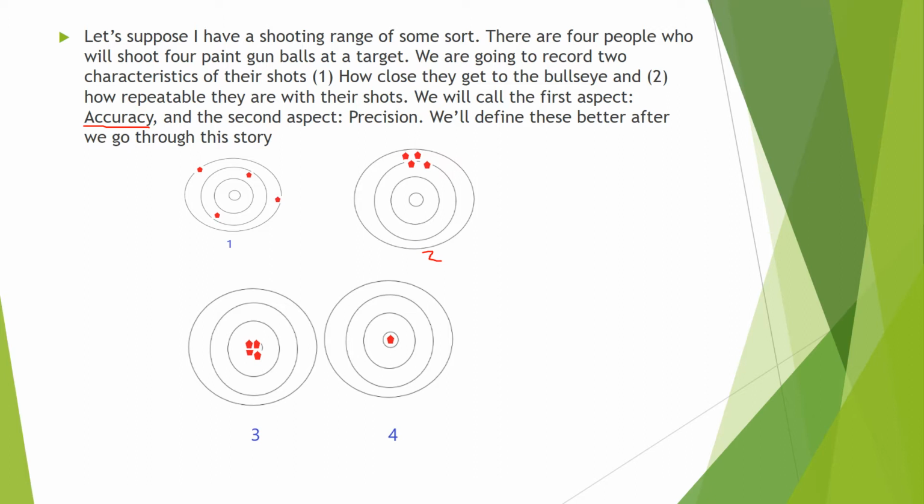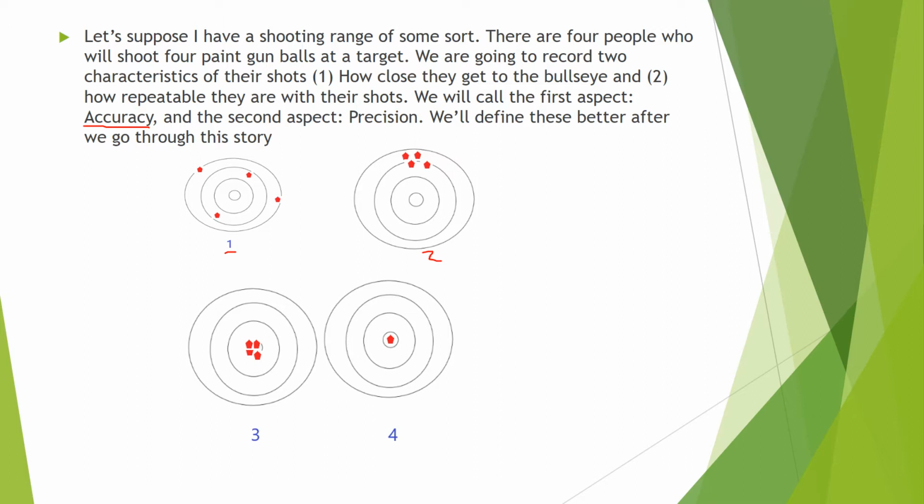So number 1 guy comes up, it could be bullets shooting at a target, and takes 4 shots. And I ask, how accurate was this person? How close did they get to 0? I'd say they're not very accurate, because none are real close.